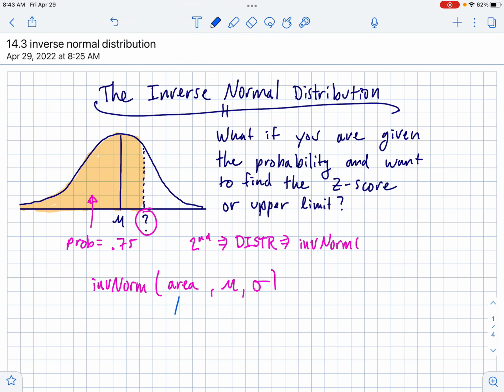So here, let me label all these. So that's the area you're looking for, and then this is, of course, your mean, and this is your standard deviation.